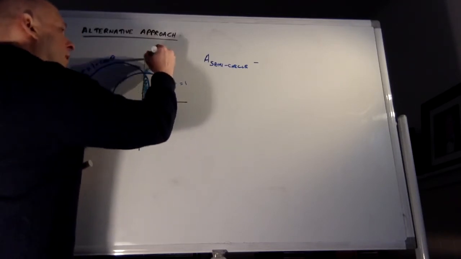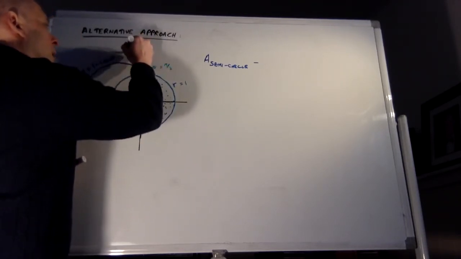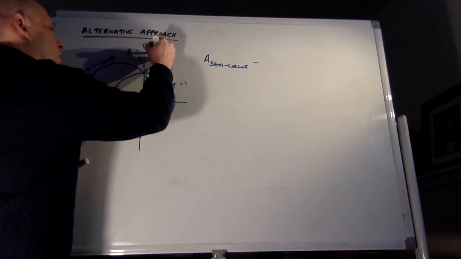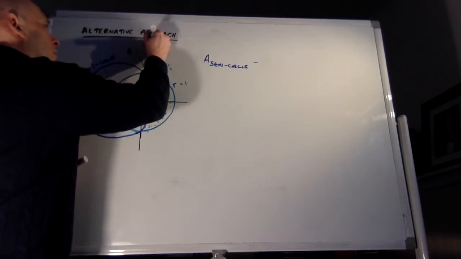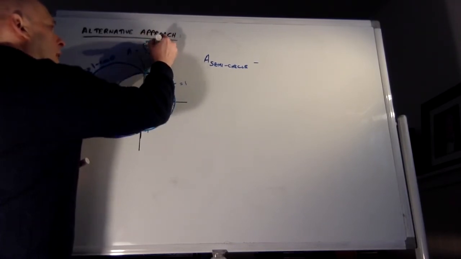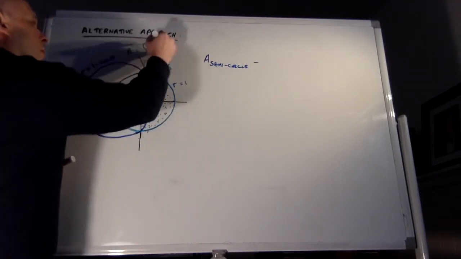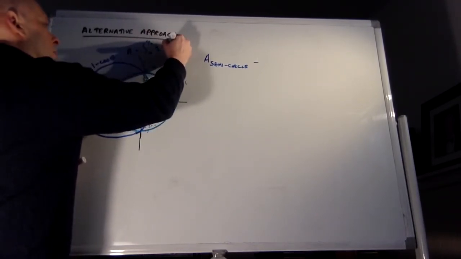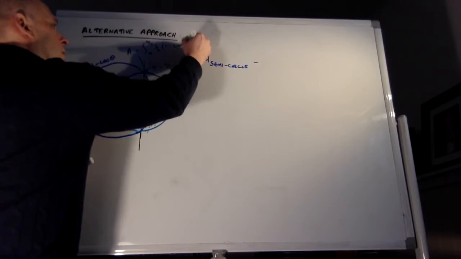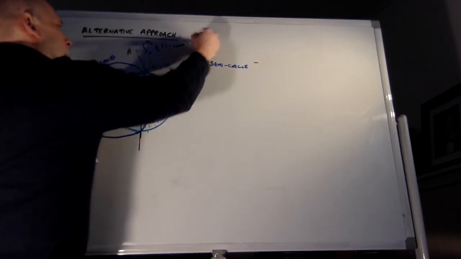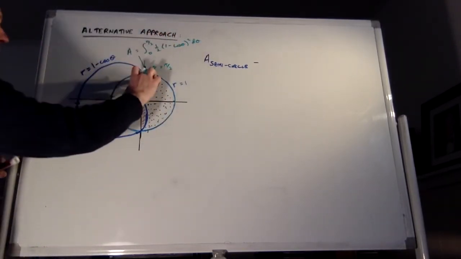So that area right there that I just shaded would be some sort of integral of 0 to pi over 2 of 1/2 with the r squared from the cardioid, which I guess is 1 minus cosine theta for r. And that integral would give us this area.